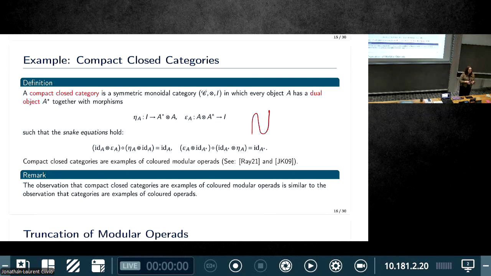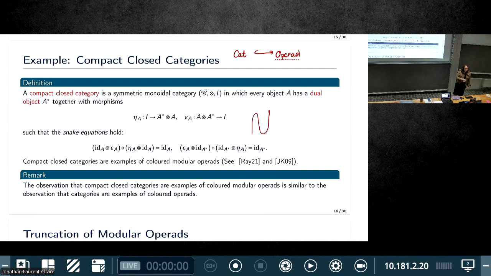This is the equivalent of how categories are like truncated versions of operads, where all the higher arity operations disappear. So the category of all small categories sits inside the category of colored operads, just by forgetting any higher arity operations.